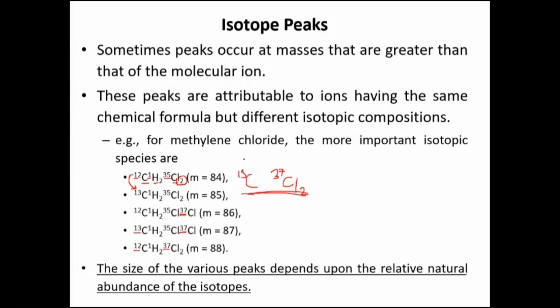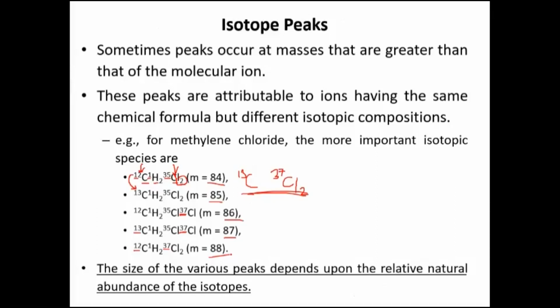If you change the atomic mass of carbon and chlorine that form the molecule, you can see you have lots of variation in the mass of that ion, that molecule. So these are the M plus 1, M plus 2, and so on peaks.